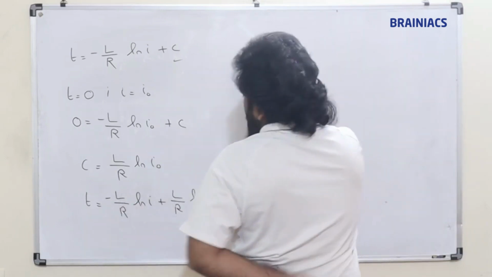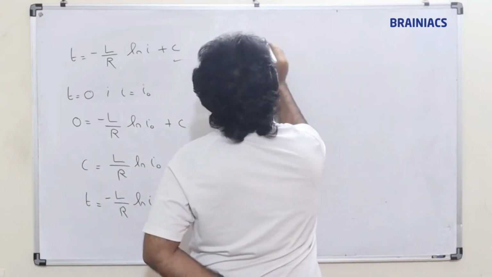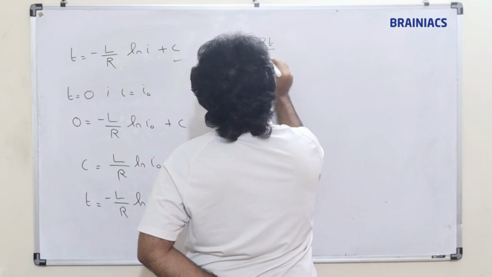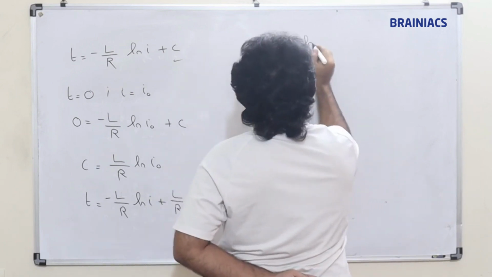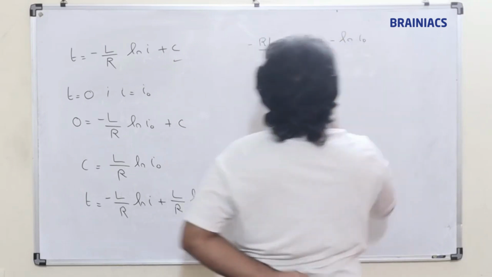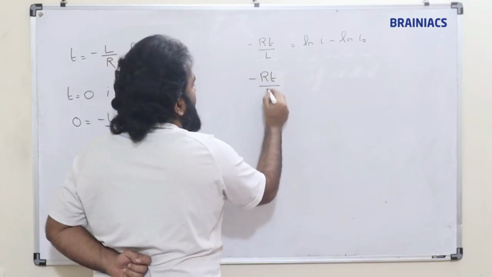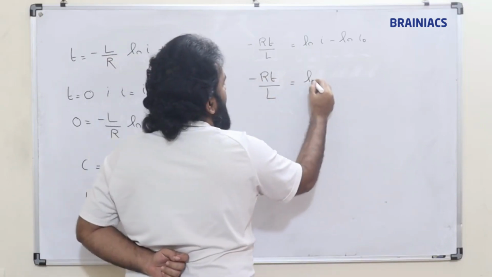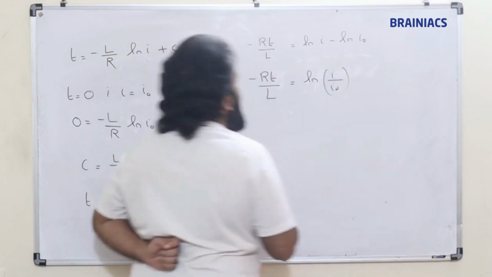Log I naught. So taking minus RT by L to that side, we get logarithm of I minus logarithm of I naught. So minus RT by L is equal to logarithm I by I naught.